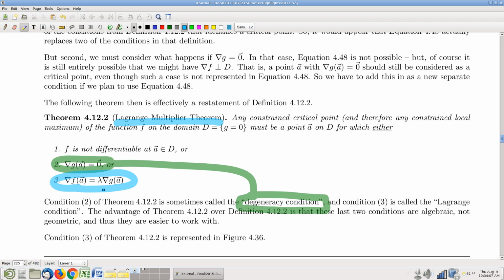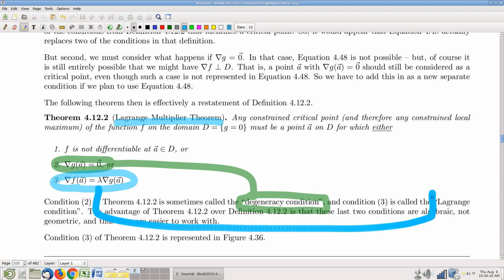So this condition, the one that usually gives you the points that you're looking for, is called the Lagrange condition. And in case you hadn't figured it out already, the thing that you multiply by one vector to get the other vector is called the multiplier.